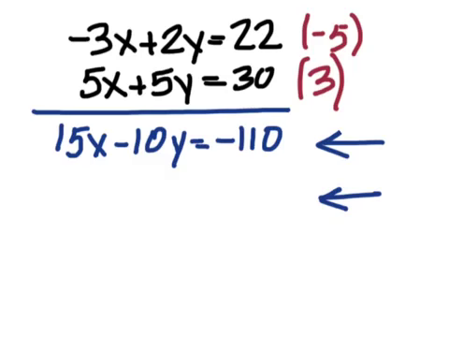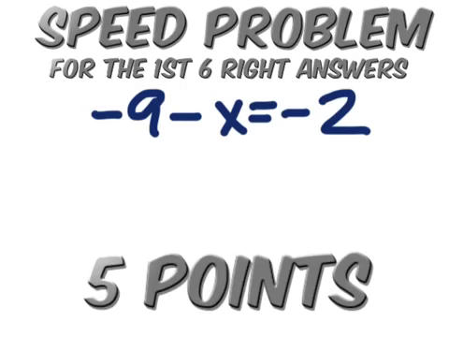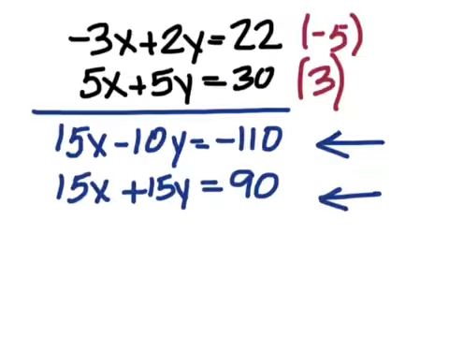I need the second equation after you multiply by 3. Answer to this one should be 7. Answer should be negative 7.